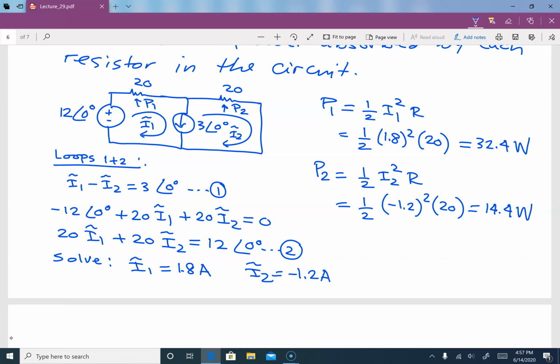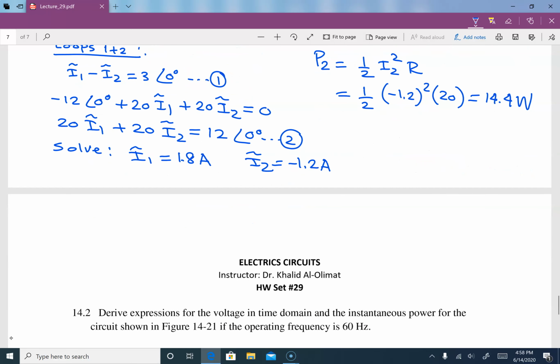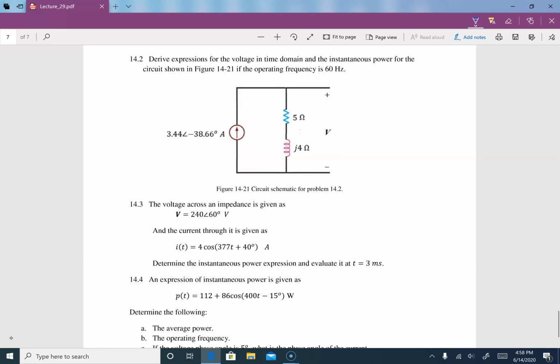So now, since we have only resistances over here, that means the resistances will absorb the power of the total for both of them, 32.4 plus 14.4. That means this circuit is really supplying a total power of the summation of P1 and P2. Don't forget that. By this, it is done for the circuit for the lecture for today.